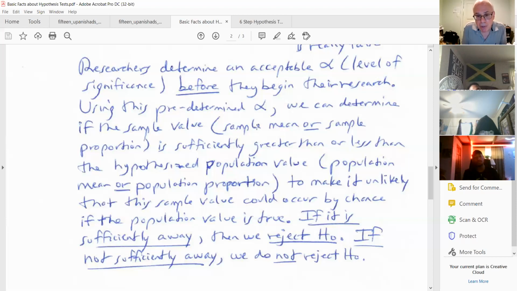And that's what I mean by saying it's unlikely that the sample value would have occurred by chance. It's probably because the population mean is smaller than 100.